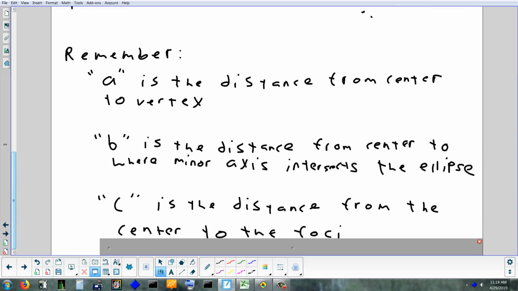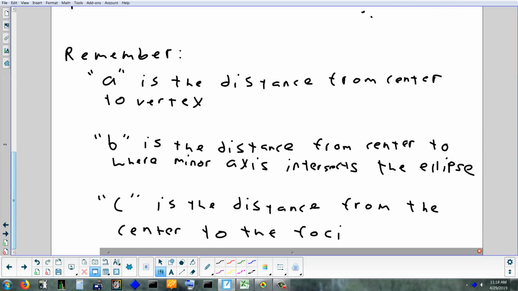And C is the distance from the center to the foci. If you want to abbreviate the way I did on the left-hand side, I just showed it on the whiteboard, I just made it very short. So A is distance from center to vertex, B, center to minor axis, C, distance from center to foci.